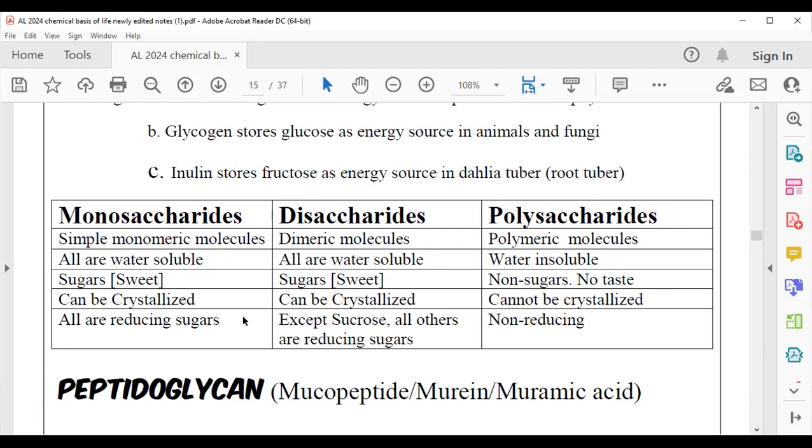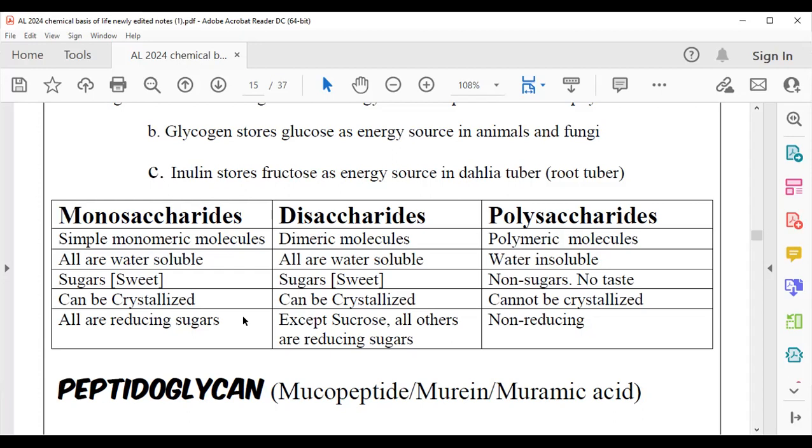Remember, a glycosidic bond can be broken by carbohydrase enzymes. So that is what we call digestion.